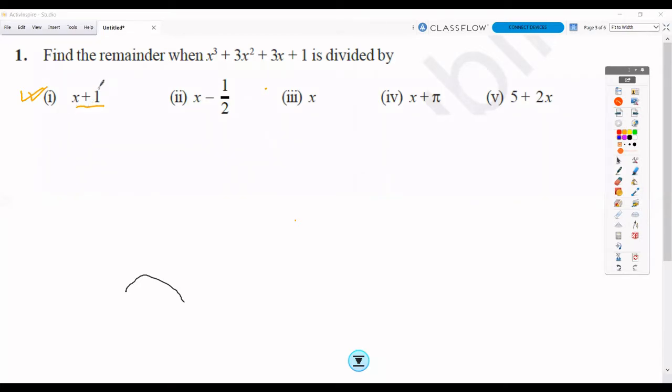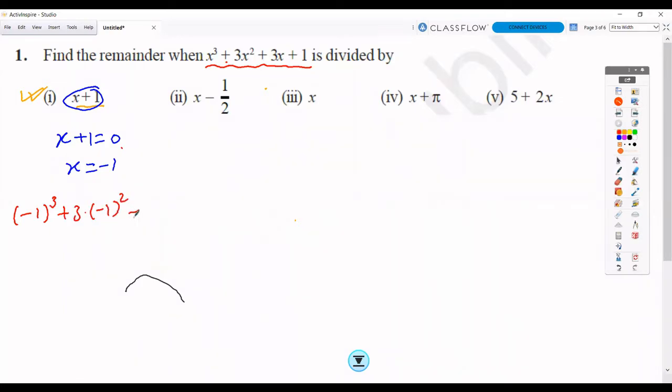Our first step means working with the divisor: equating the divisor with 0 and finding the value of x. Later on, you are supposed to replace the value of x inside the dividend polynomial. So here is minus 1 to the power 3, plus 3 into minus 1 to the power 2, plus 3 into minus 1, plus 1.